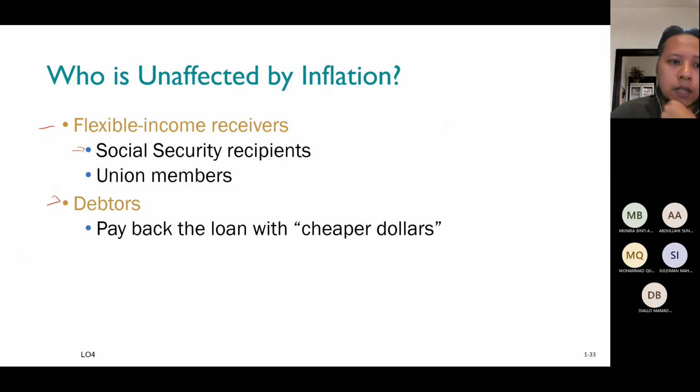And people who are in debt: the debt is a fixed amount, but because of inflation they are paying back at a lower rate. They are paying back money that has depreciated, so you can argue they actually profit from it. So these are people who are unaffected.